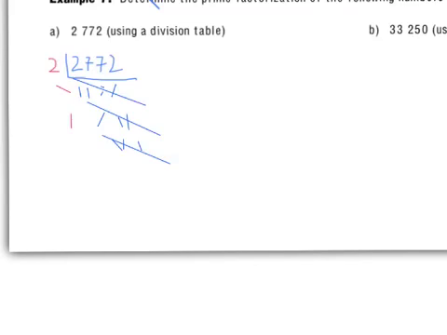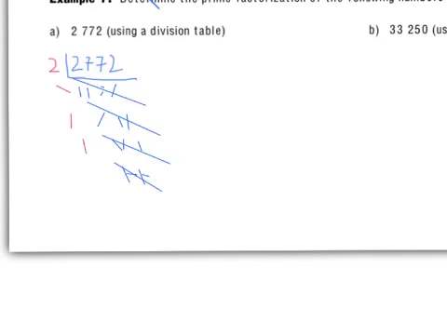Alright, this might be a little bit trickier. 231. This might be a prime number. Let me just check a few numbers to see what divides into 231. Well, actually 3 will work again, because if I add up all those numbers, they add up to a number that's divisible by 3. 2 plus 3 plus 1 is 6. 6 is divisible by 3. And the answer actually I get is 77.